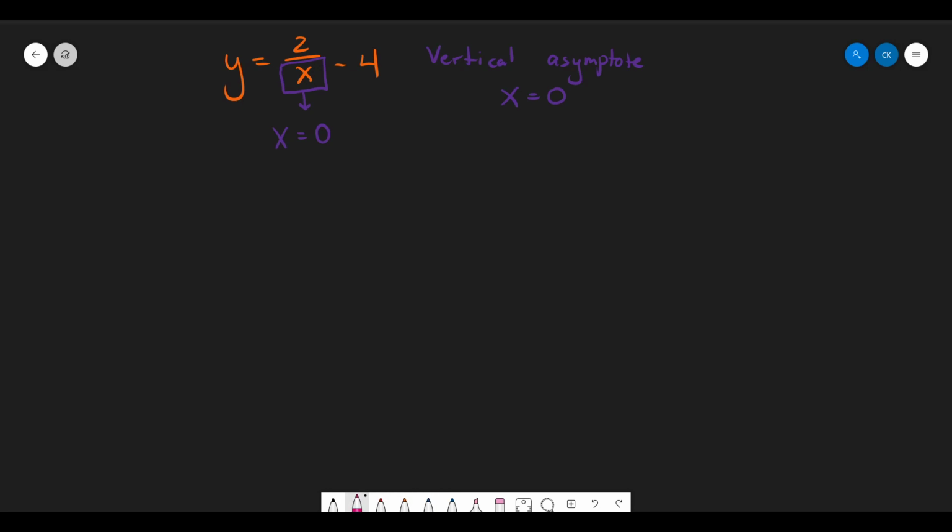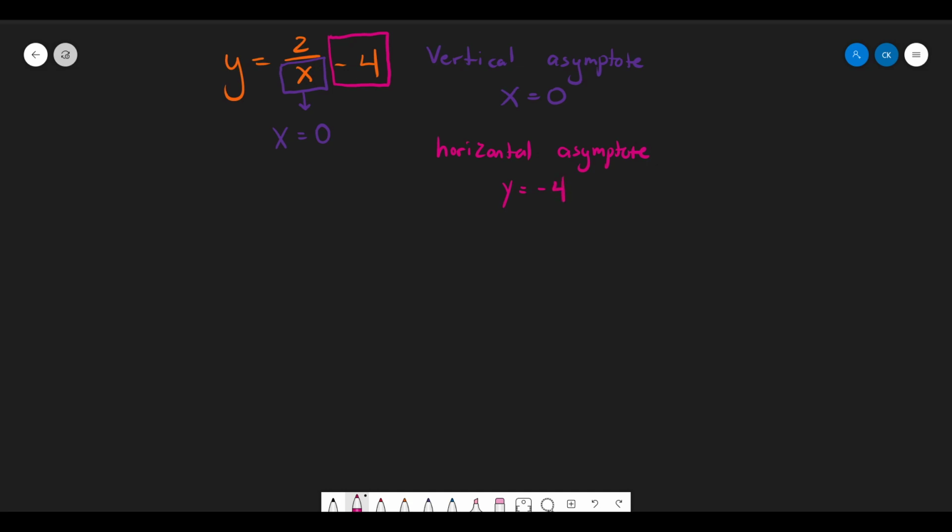The horizontal asymptote, I take whatever is being added or subtracted on to the end of the function. So in this case, it's the negative 4. And my horizontal asymptote is going to be y equals negative 4.